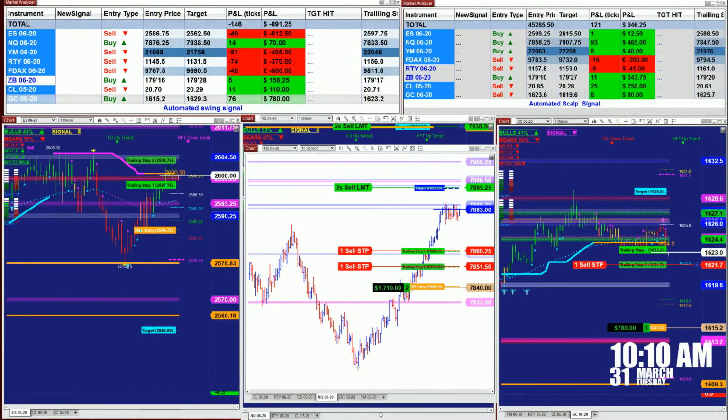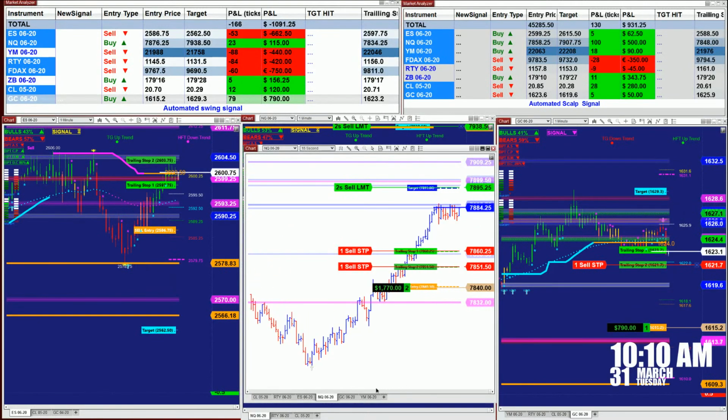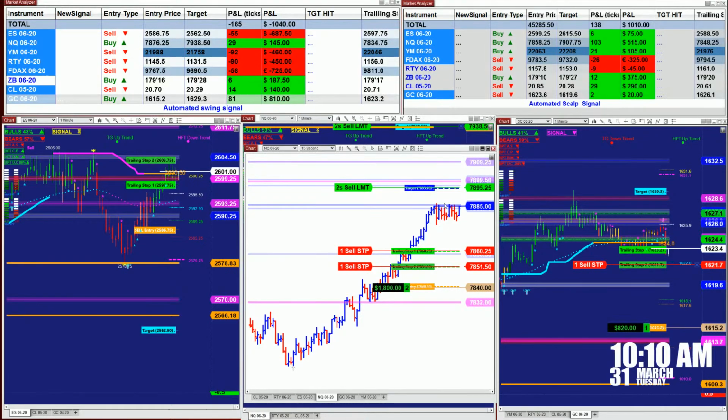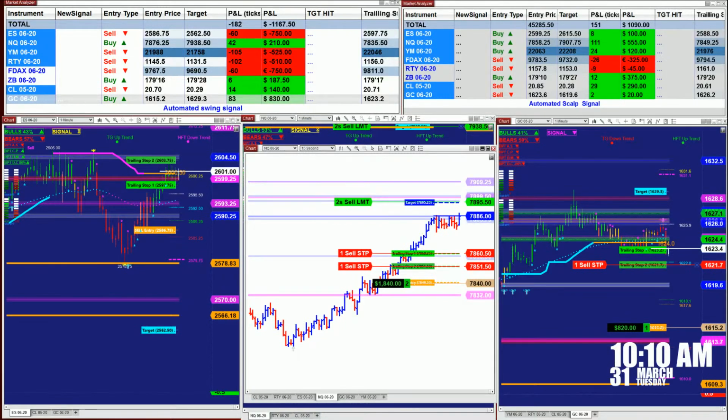You see how accurate it is, even on a 15-second, it is having a problem at the 85 level. If we break it, that means we are closing that trade.